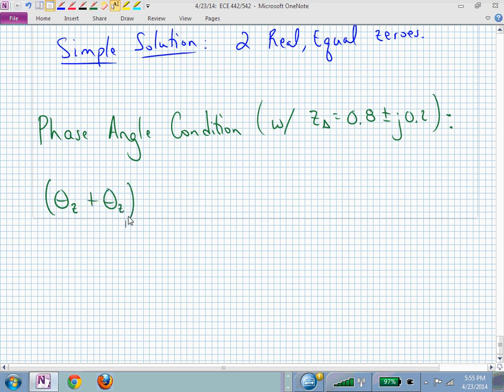Now we have two zeros with the same angle, and we have a pole at the origin, so we have its angle. We have an angle due to the pole at z=1, and an angle due to the pole at z=2.